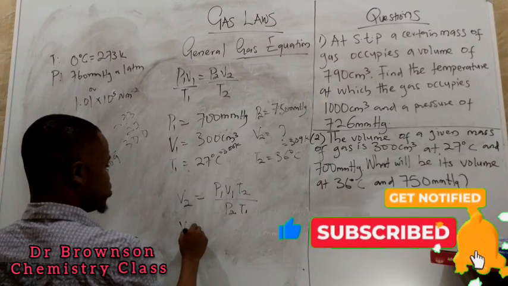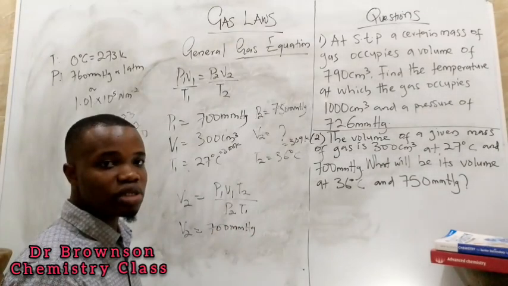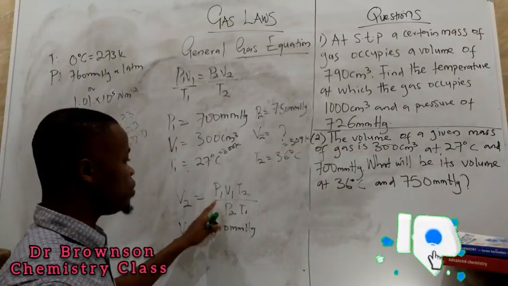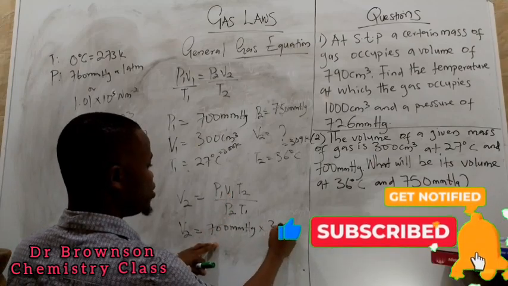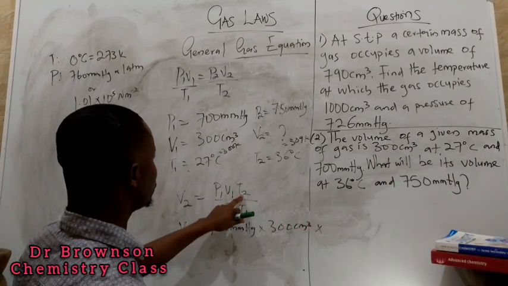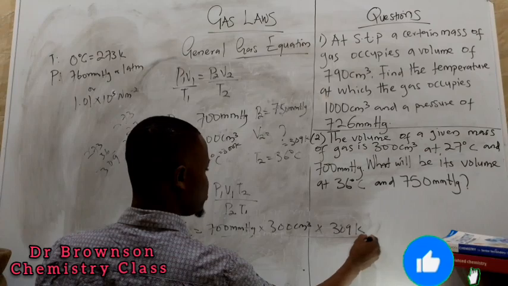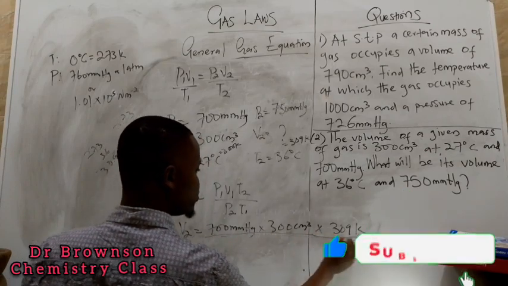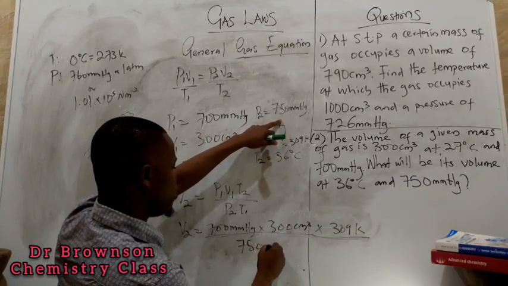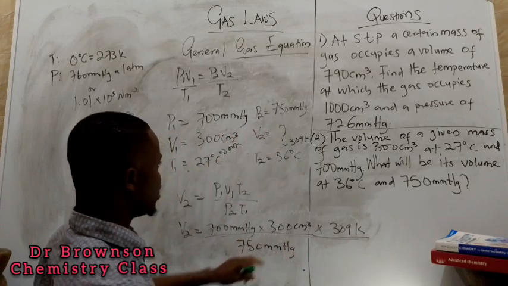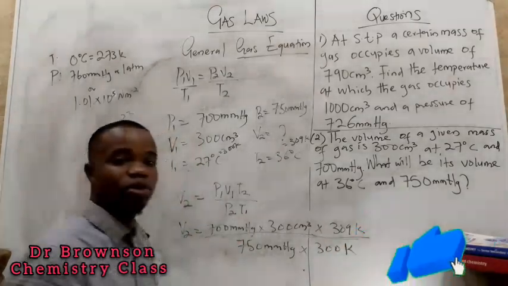So V2 equals, our P1 is 700 millimeter mercury, times our V1, which is 300 centimeter cube, times T2, which is 309 Kelvin, all over P2, which is 750 millimeter mercury, and T1, which is 300 Kelvin.